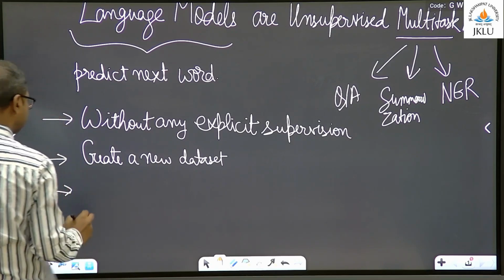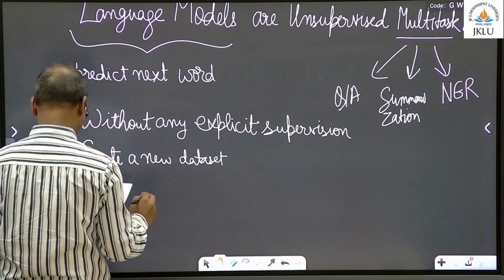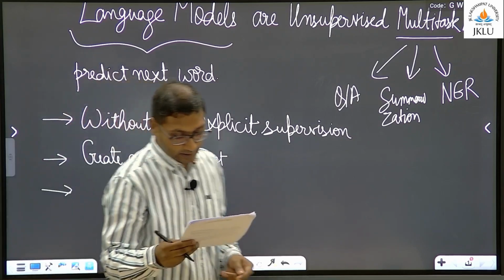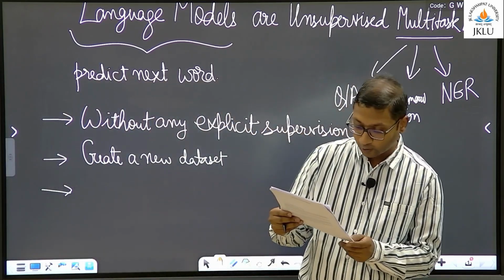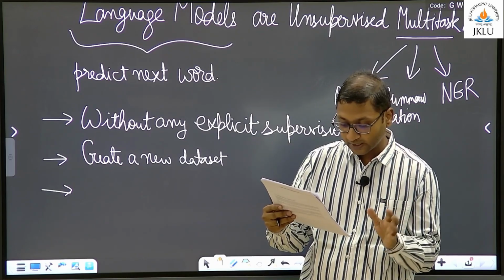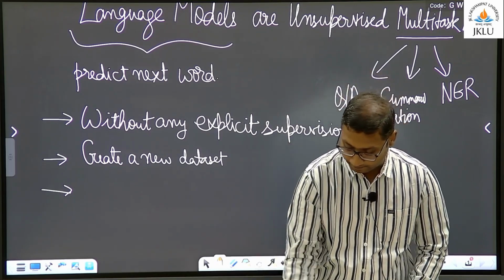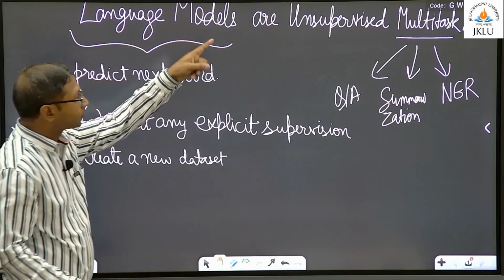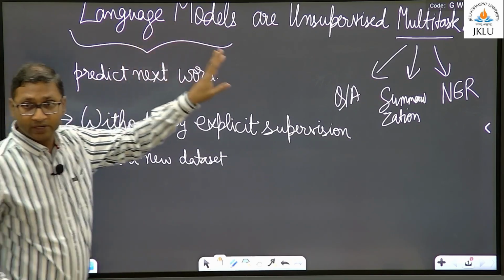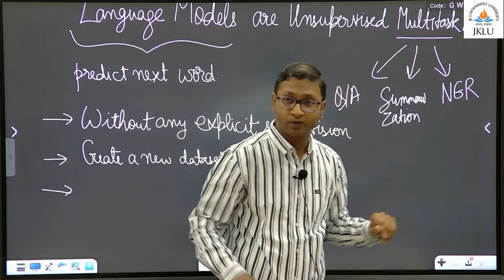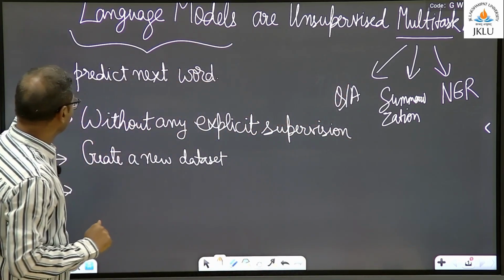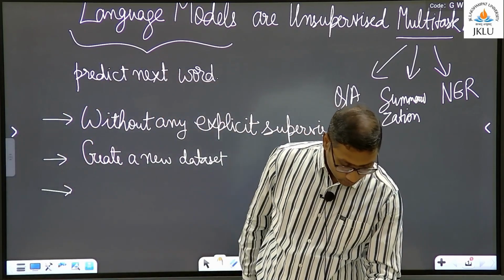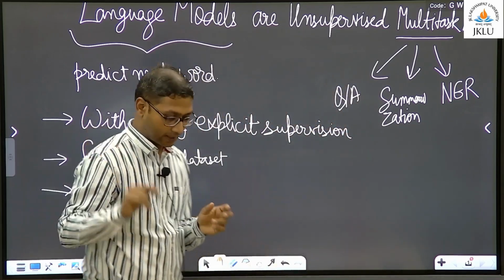And they finally suggest that there is a promising path towards building language processing systems which learn to perform tasks from their naturally occurring demonstrations. So, language models are unsupervised multitask learners. You do not really explicitly supervise them for a given task without any explicit supervision. So, if you want, you may open this paper, language models are unsupervised multitask learners, in your devices.